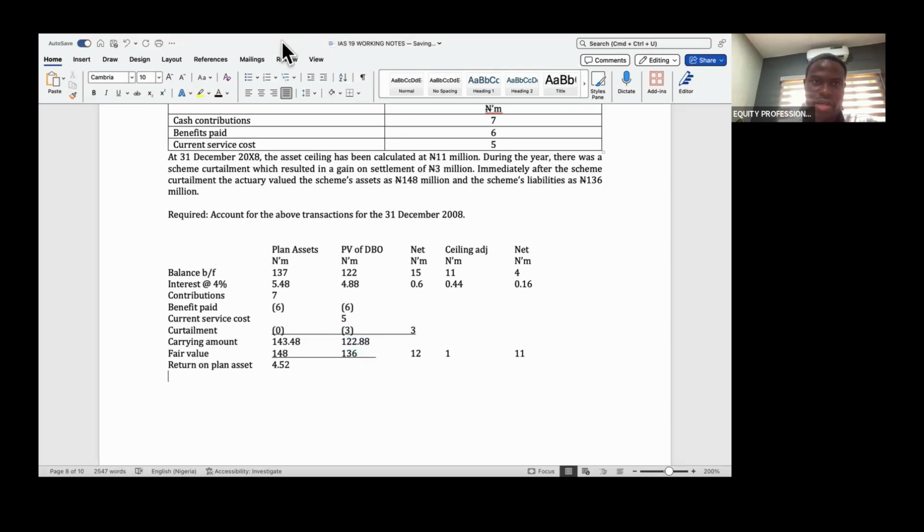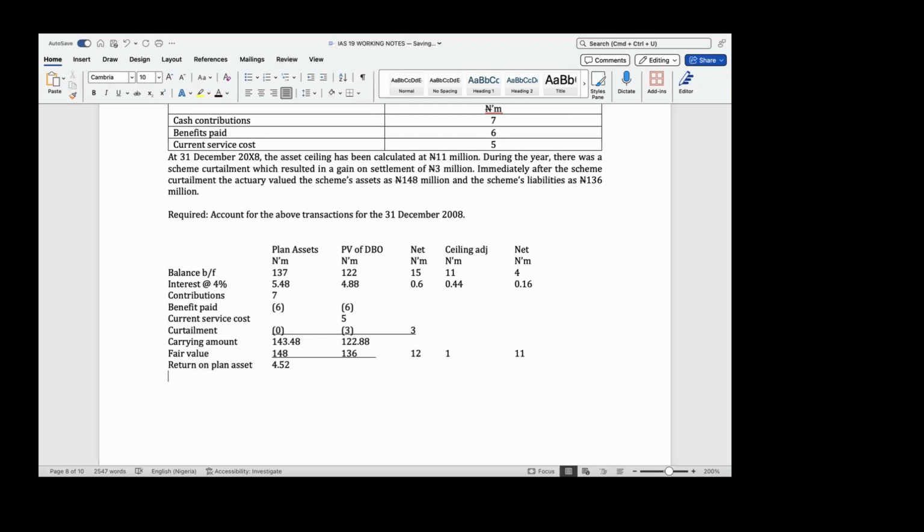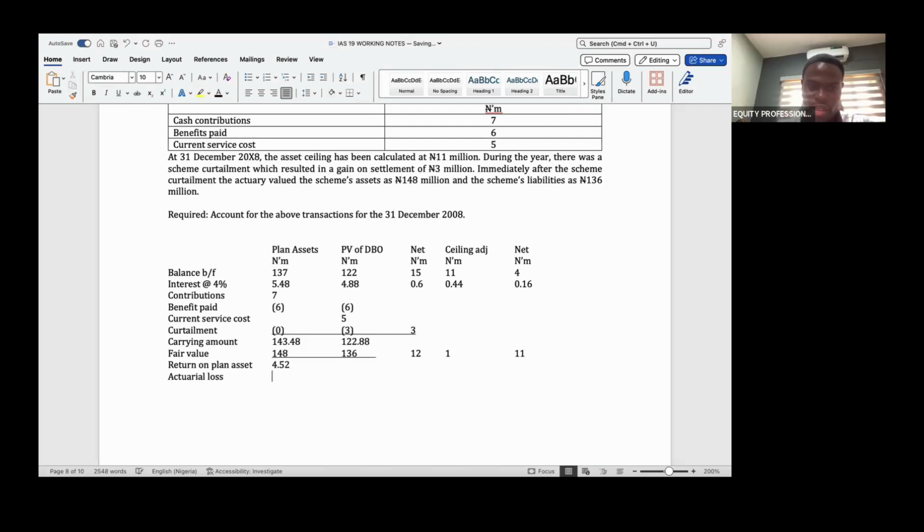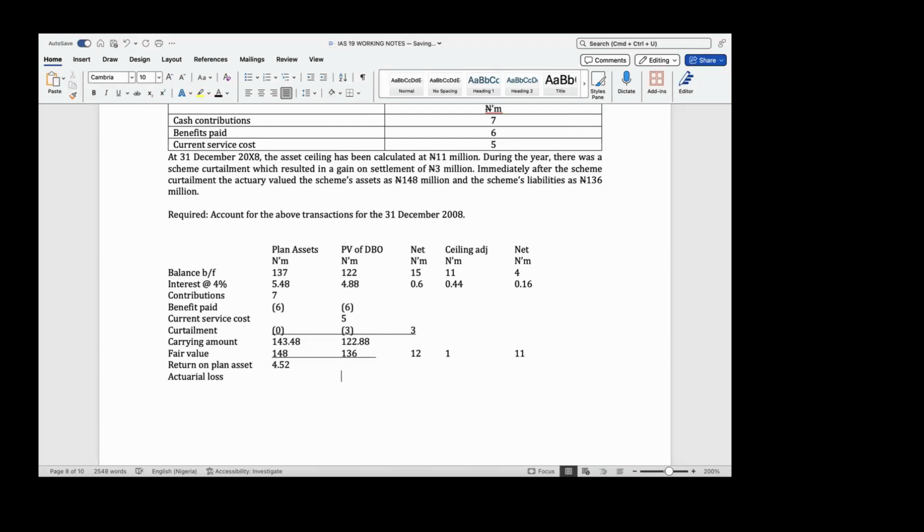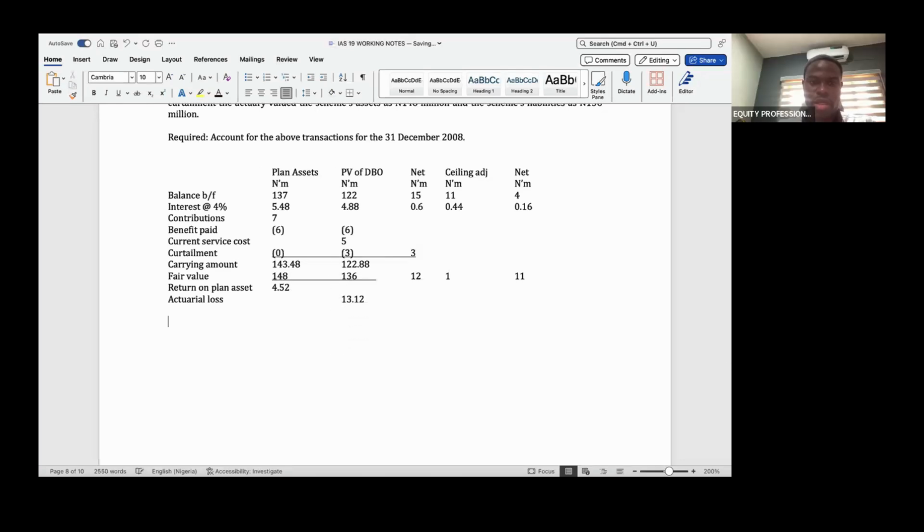Is that an actuarial gain or an actuarial loss? The fair value of the obligation is higher than the book value. Actuarial loss. Correct. That's how much? 13.12.